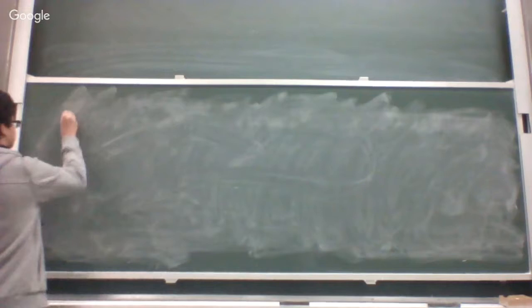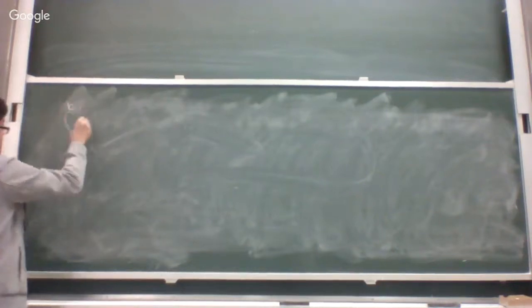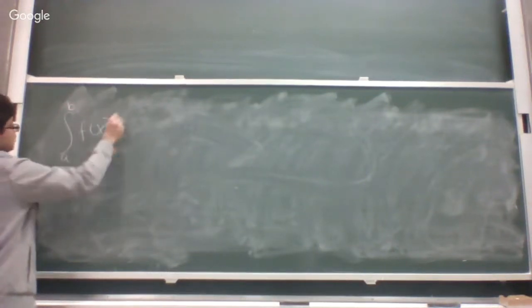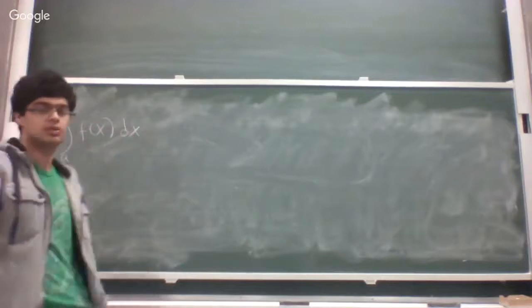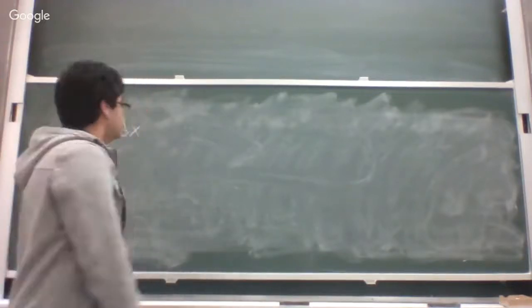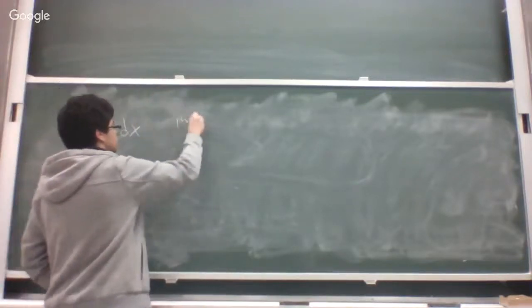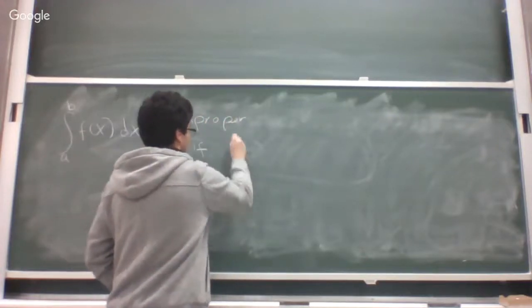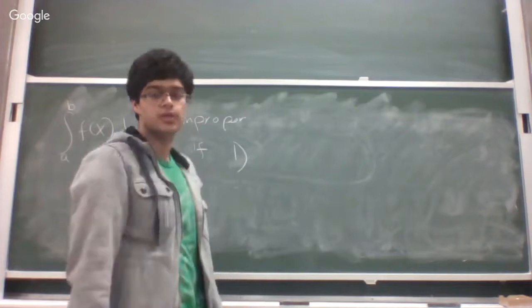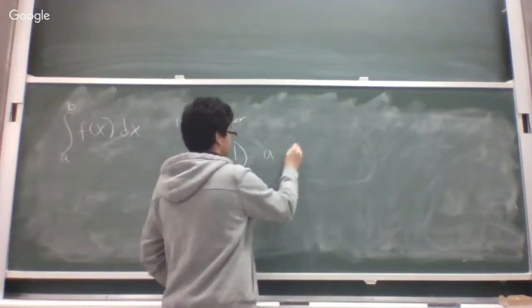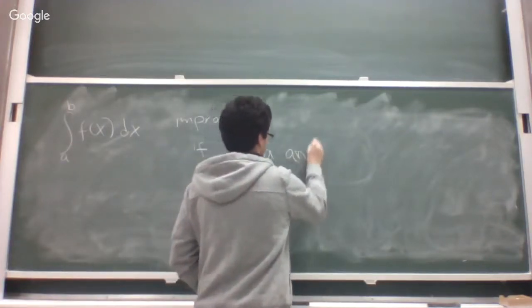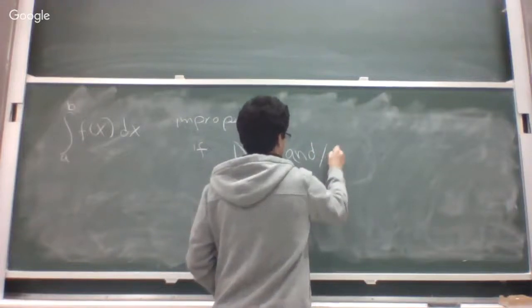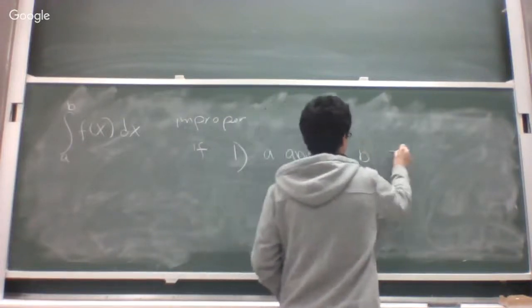So we have the integral from a to b of f of x dx. So it's improper if the first way is a and or b is equal to infinity.